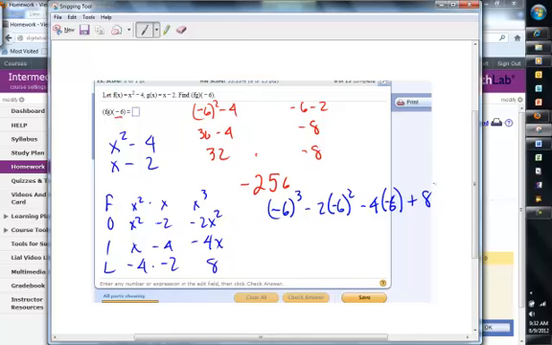So parentheses, negative 6, close parentheses, squared, minus 2 parentheses, negative 6, close parentheses, squared, minus 4 times negative 6 plus 8. Ooh, we got negative 4. Something happened there.